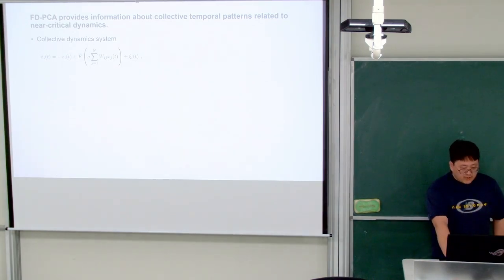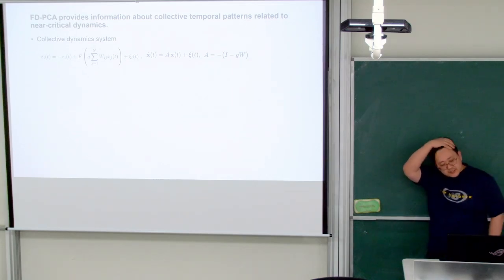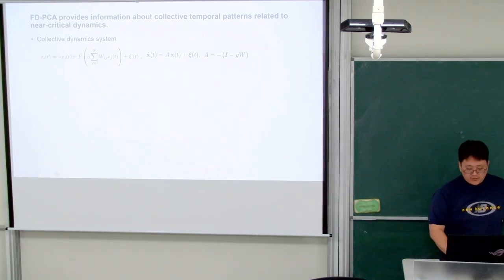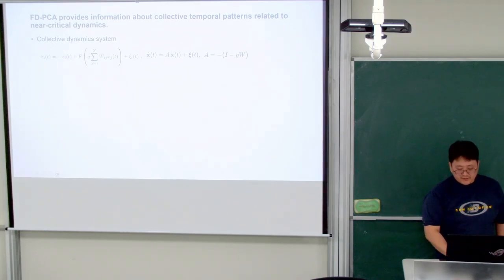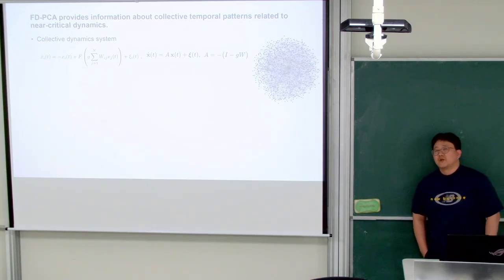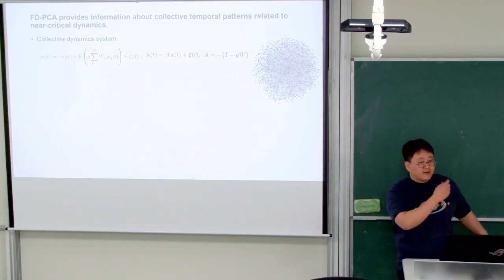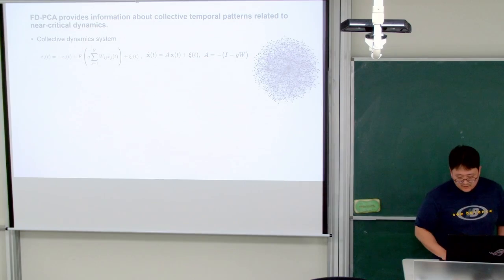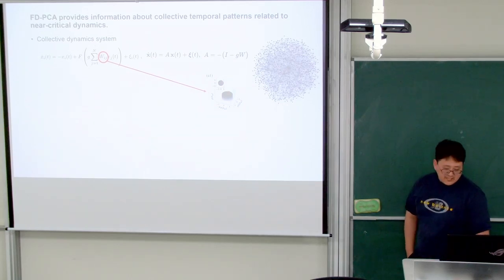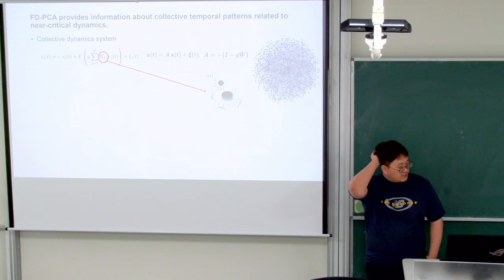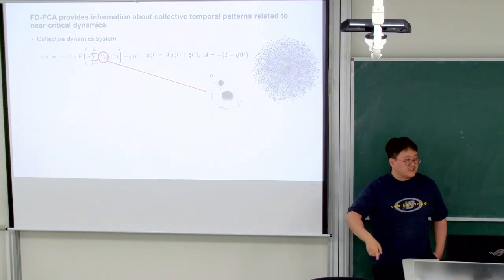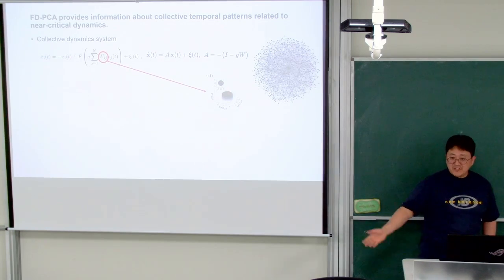Then we can change this equation to the matrix formulation. So now A is minus identity matrix minus GW. So let's assume this is a random network. So they are connected randomly. So then the eigenvalue distribution of W should have a circle distribution according to random matrix theory.